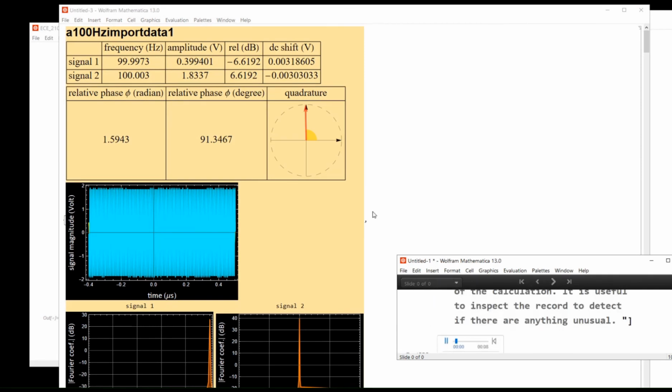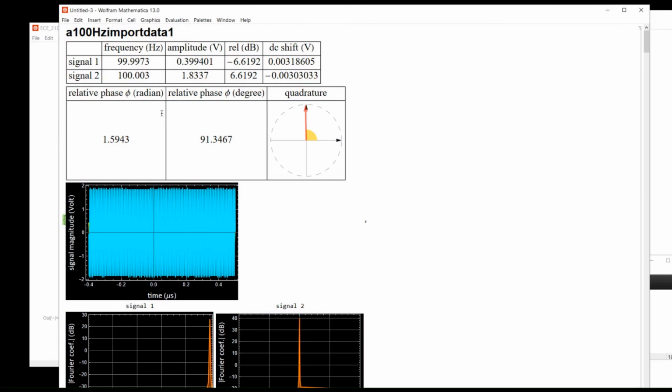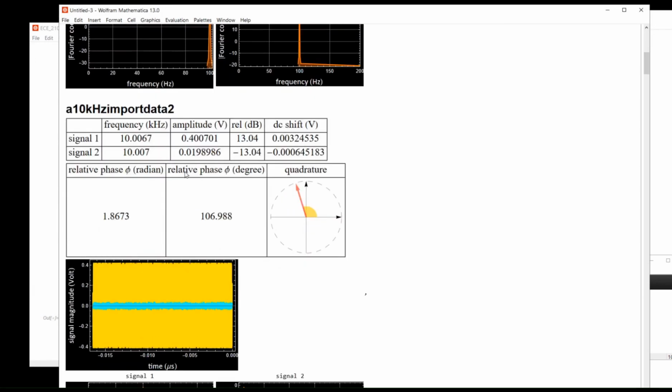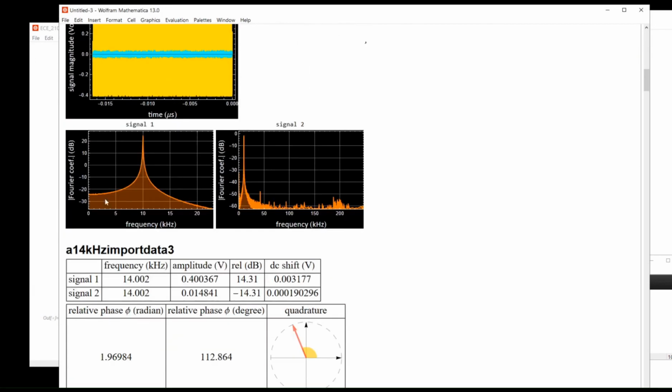The second file contains the record of the calculation. It is useful to inspect the record to detect if there is anything unusual.